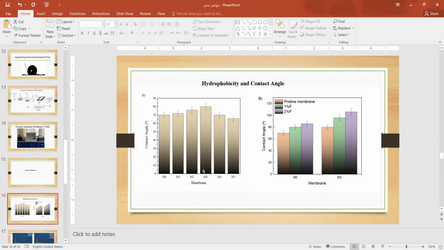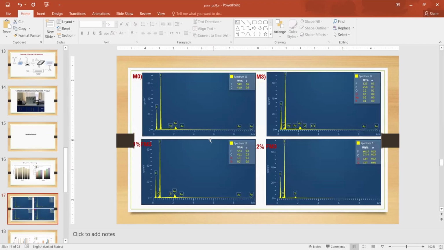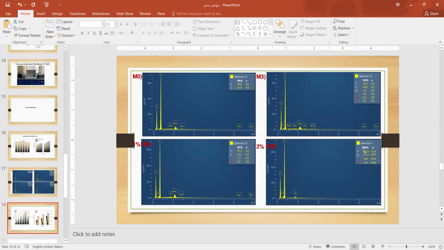After modifying the membrane, we found that the contact angle increased again with increasing concentration of fluorosilane solution. When we analyzed the EDX, it was found that the PVDF polymer membrane consists of fluorine and carbon, and with the addition of the carbon nanomaterial, oxygen appears. After dip coating in fluorosilane, silica and oxygen appear, and then the fluorocarbon increased. We increased the hydrophobicity of the membrane.